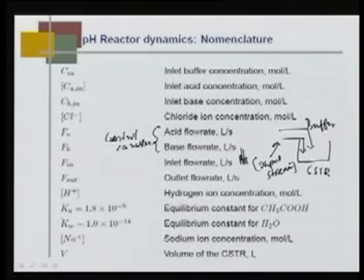These are 2 different parameters, K and Kw, which represent the equilibrium constant for CH3COOH, and the equilibrium constant for H2O. Na plus is the concentration of the sodium ion, and V is the volume of the CSTR.